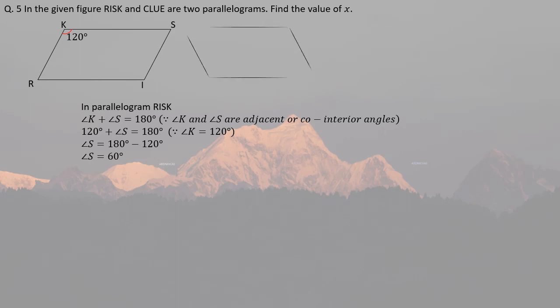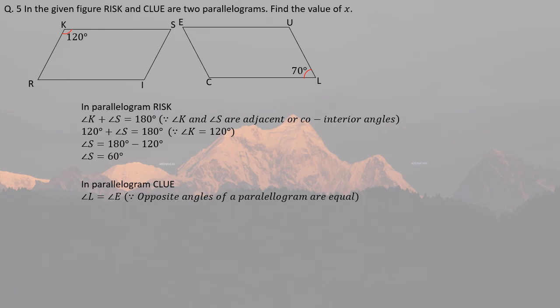We'll consider the second parallelogram CLUE, where L equals 70 degrees. We very well know that in a parallelogram opposite angles are equal, and L and E are opposite angles of the parallelogram, so they should be equal to one another. Angle L is 70 degrees, so angle E should also be equal to 70 degrees.